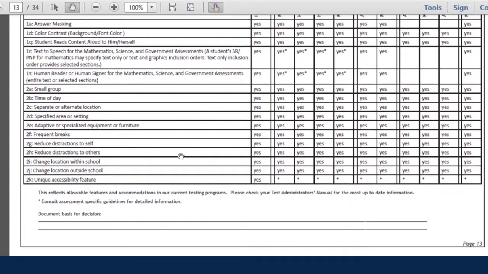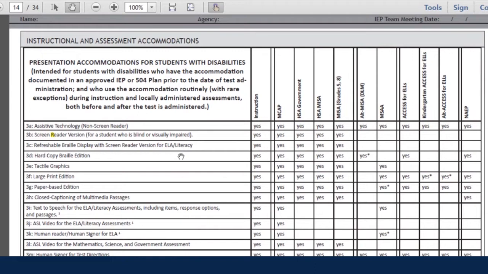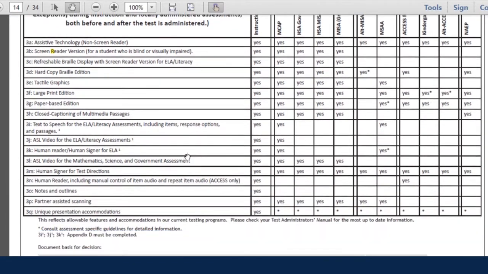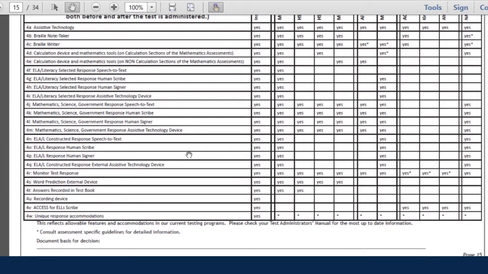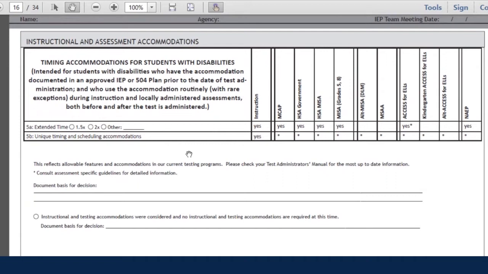All of these are just continuations of different accommodations, both for instructional and assessment. So if they receive an accommodation as an instructional accommodation, they would also be eligible to have that accommodation for standardized testing or assessments. So these are just pages and pages of different types of accommodations that they can request.